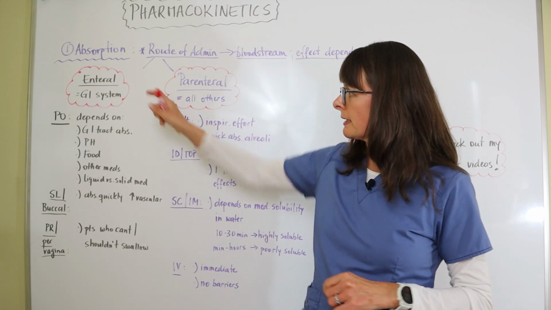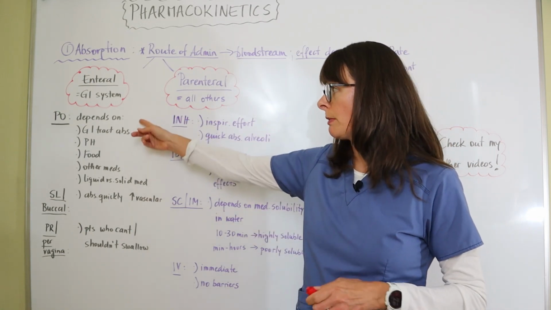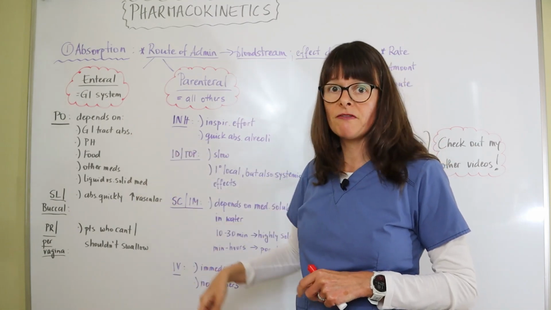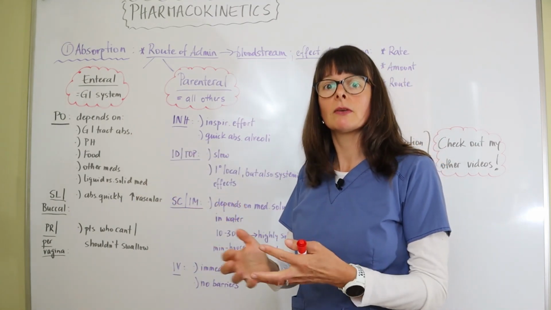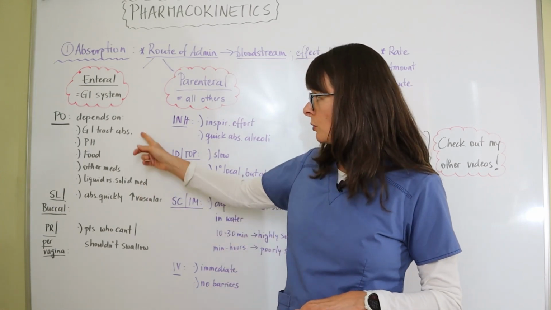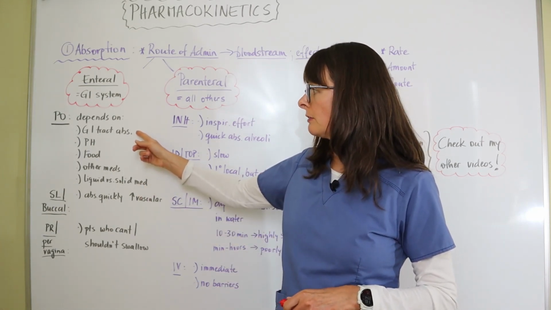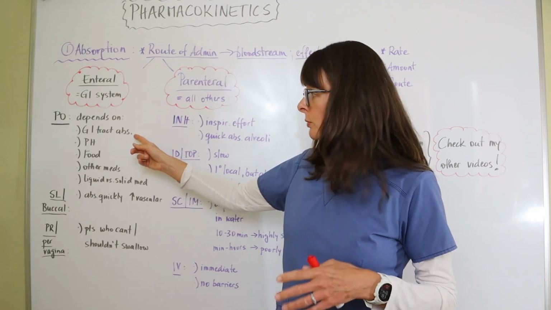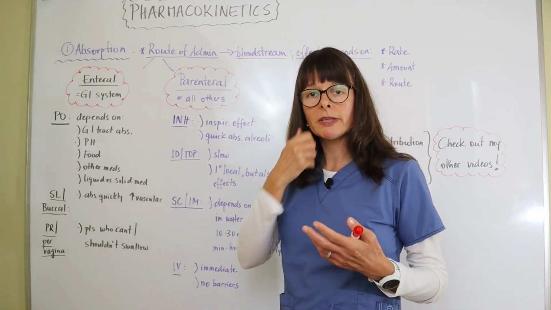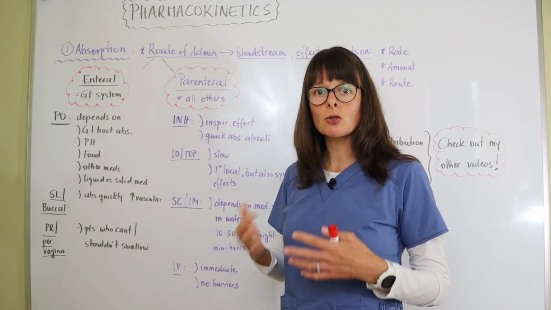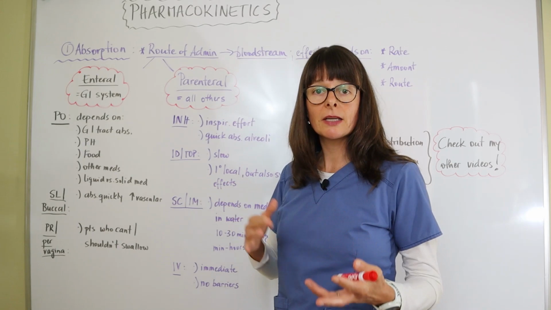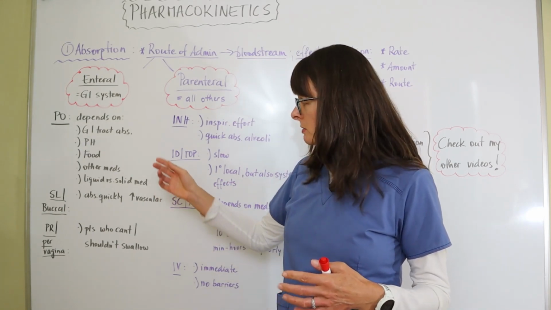So for enteral medications, one of the most common ones used is PO, so by mouth, and that depends on several factors. The way that the medication is absorbed depends on different factors. So first of all, the ability of the GI tract to absorb, so any underlying disorders. The pH of the stomach, remember that it's an acidic environment, and so some medications might be absorbed better in an acidic versus an alkaline environment.